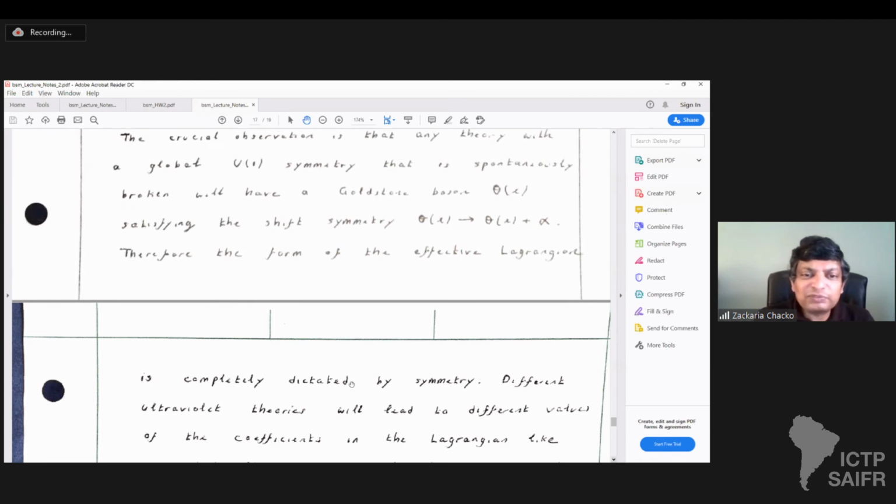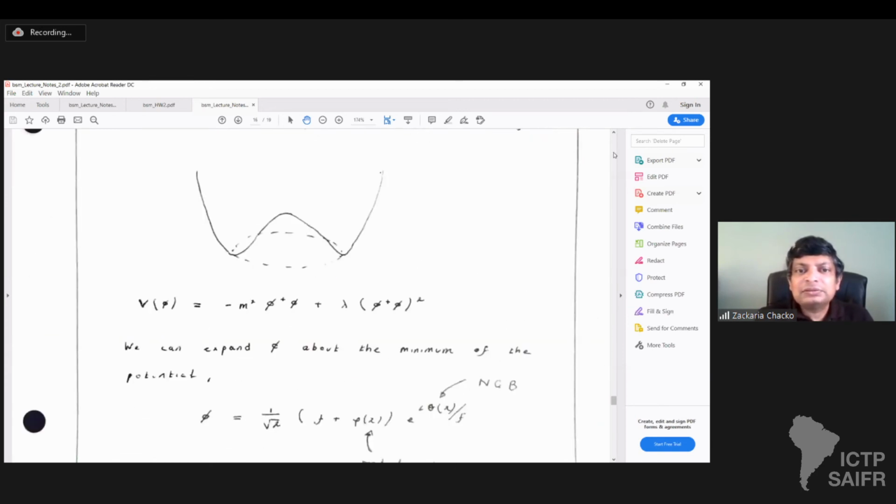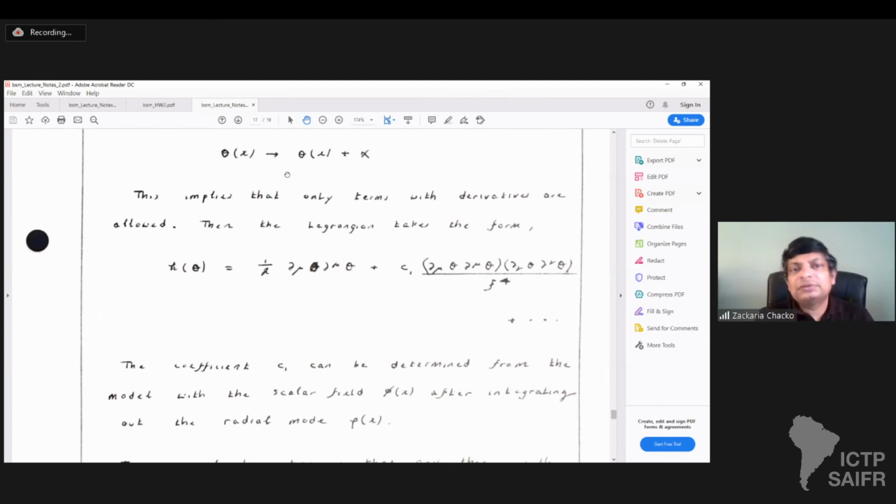So the form of the effective Lagrangian is completely dictated by symmetry. In other words, here we started from an elementary scalar field that had a Mexican hat potential, and from that, we can integrate out the radial mode and find the form of this potential. But the claim is a very powerful one.